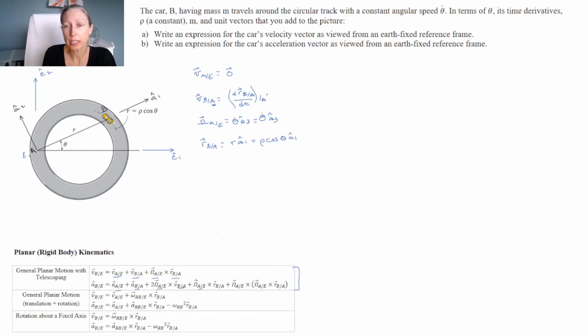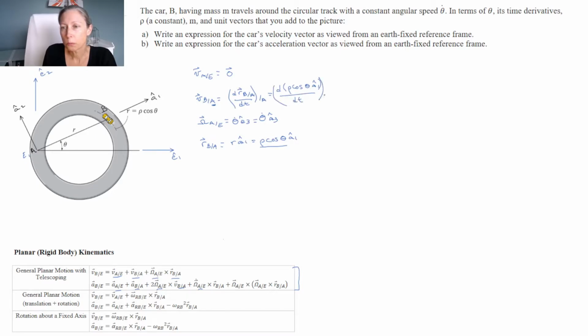We can take the derivative with respect to reference frame A. So I'm going to plug in rho cosine theta A1 and take its time derivative.